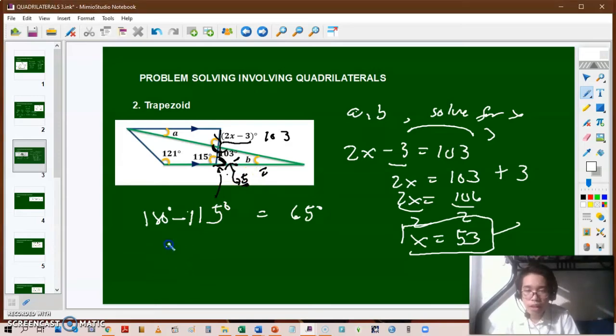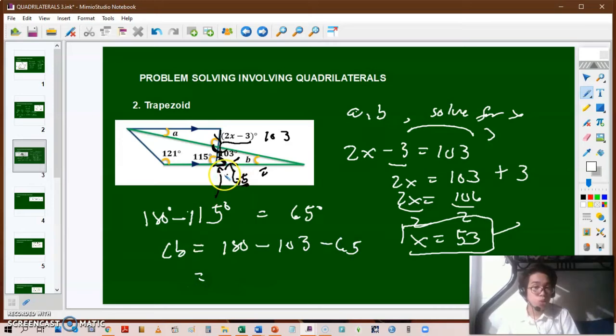So the measurement of angle B is going to be 180 minus 103 minus 65. That's simple because we already solved for this angle and 103 degrees is given. So that's going to be 12.